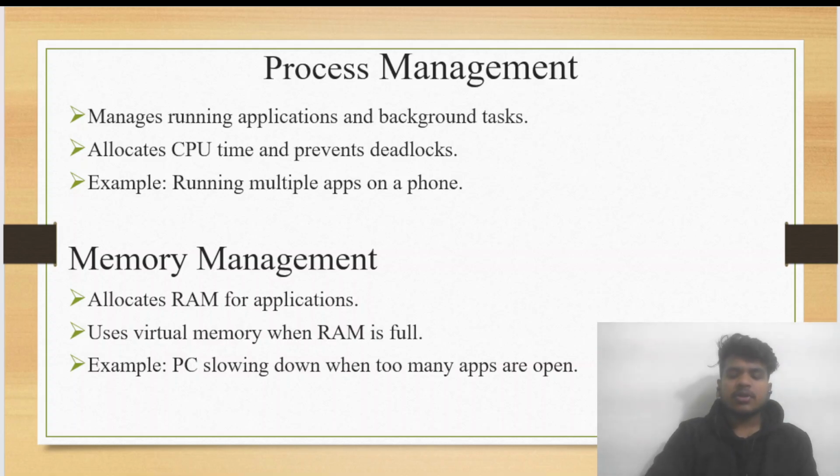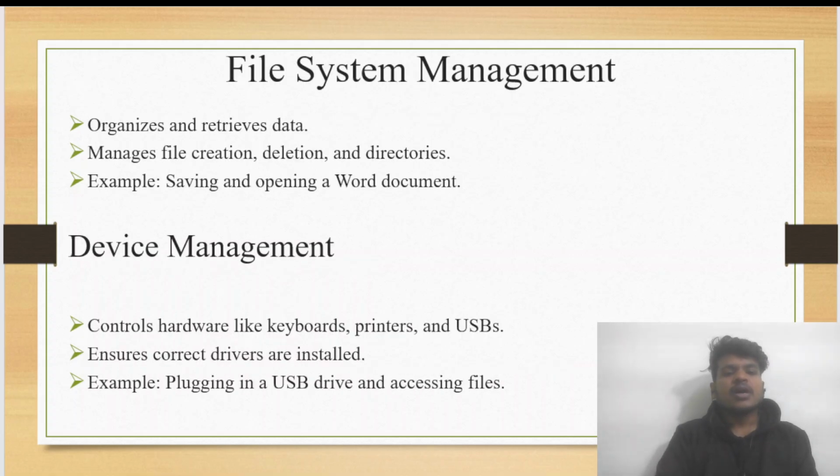Then we have file system management. The file system manages all the files on a computer and ensures data is stored and retrieved efficiently. It handles all the file creation and deletion that happens on a computer. It also organizes files into directories to access them efficiently and faster.